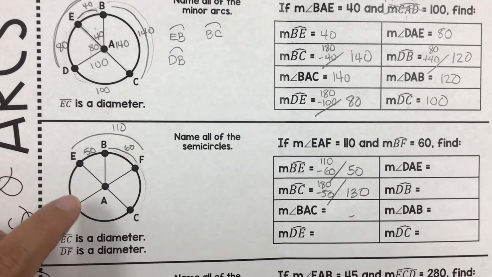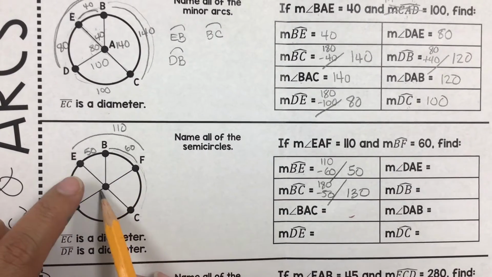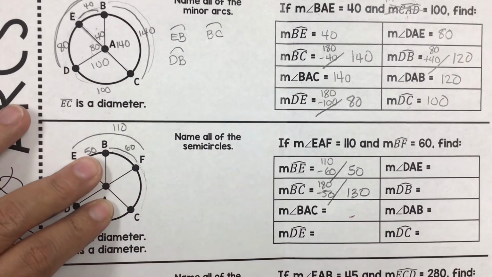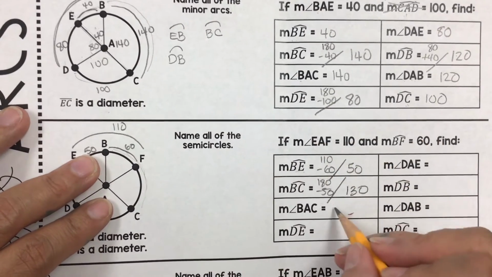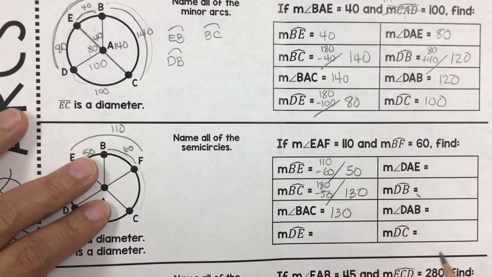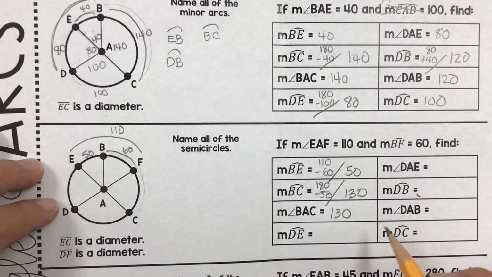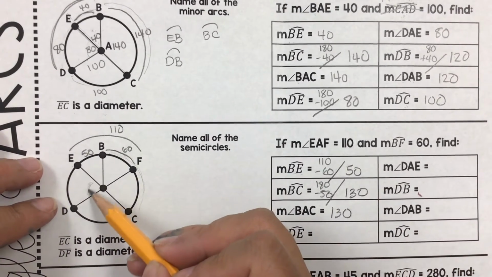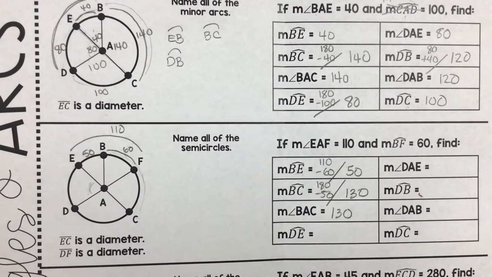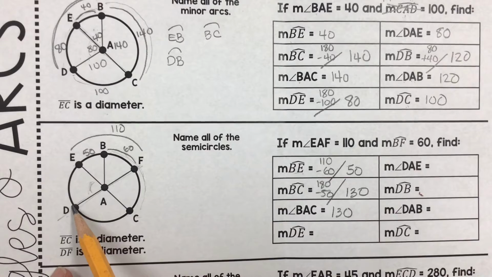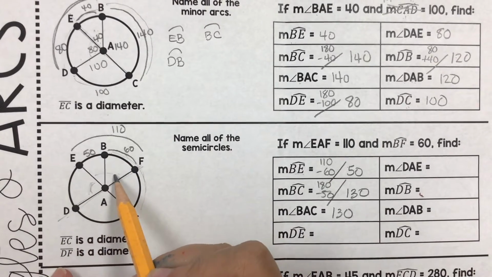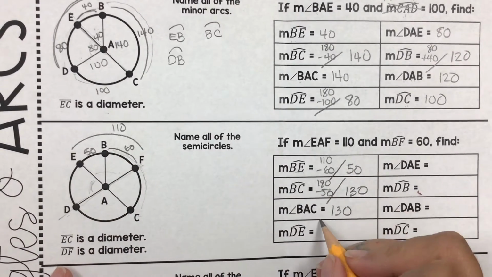Now I need the angle BAC, which is the same as its arc BC, 130. DE is this angle right here. Since it tells us that DF is also a diameter, I can take this, which is 110, and subtract it from 180.